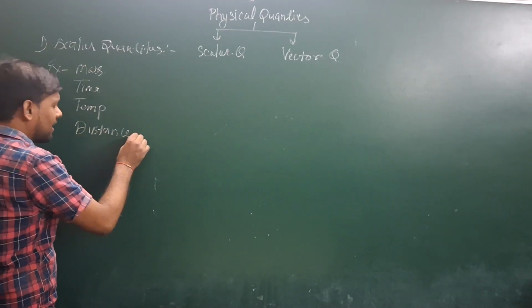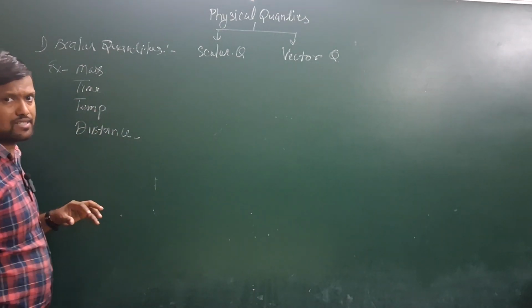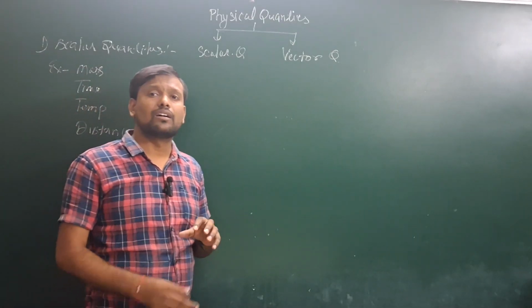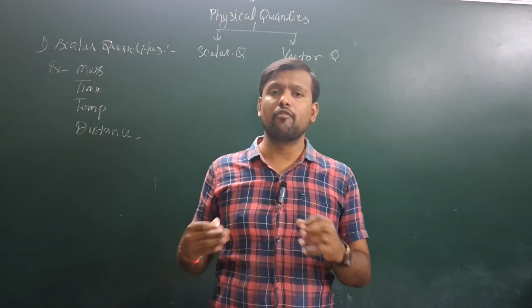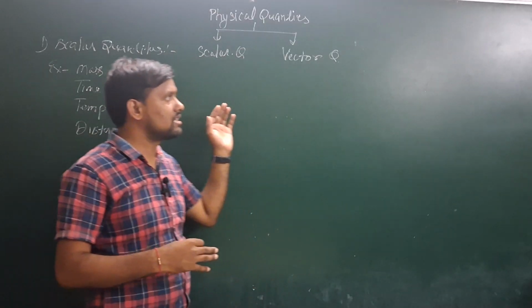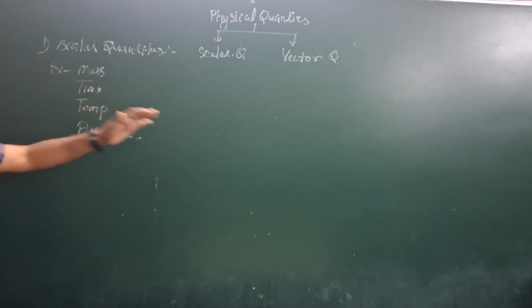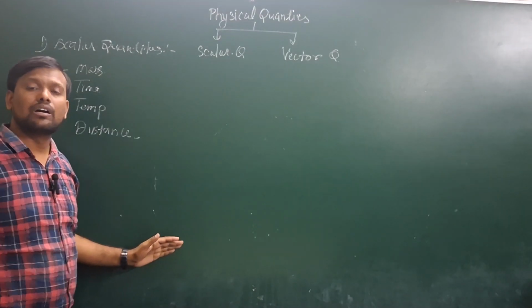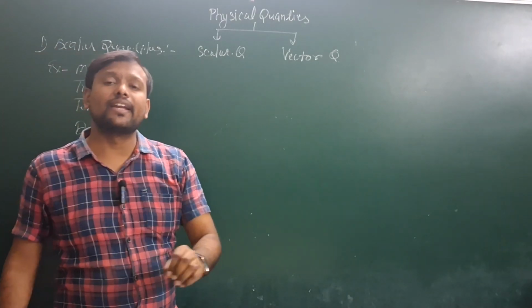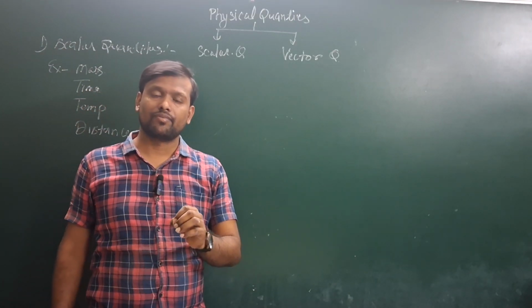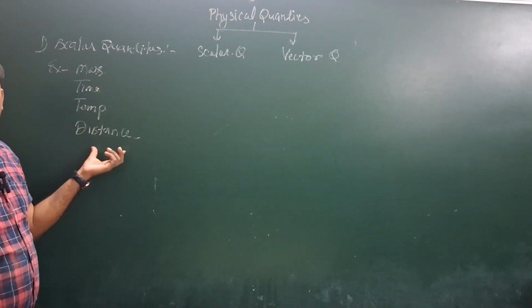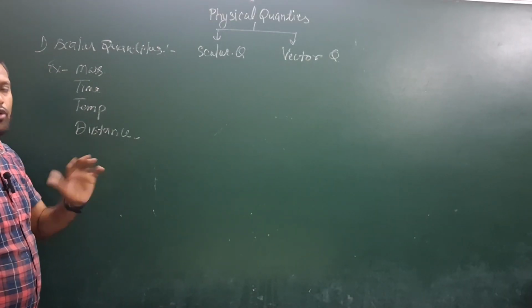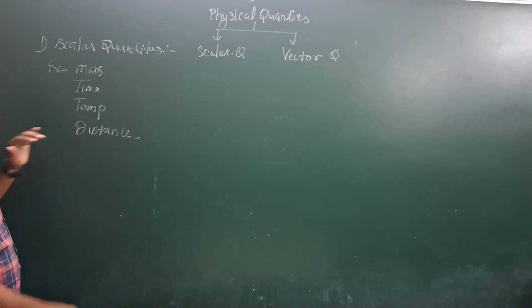Similarly, if we discuss distance, there is no requirement of direction. If you want to measure the distance, like the length or breadth of this board, we only need to explain the magnitude, the numerical value, and no direction.